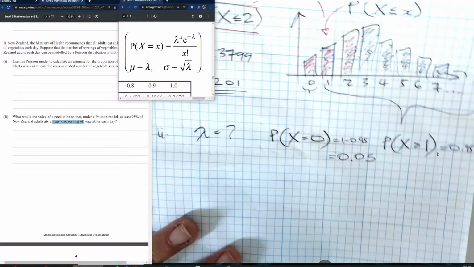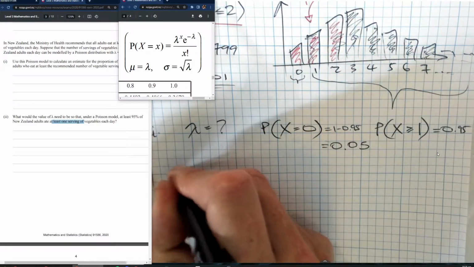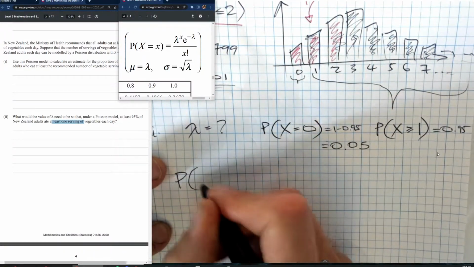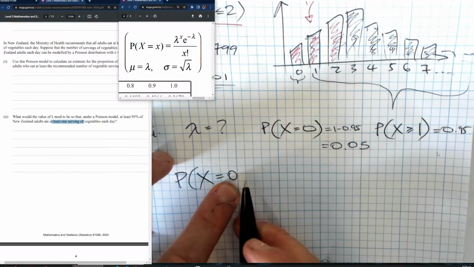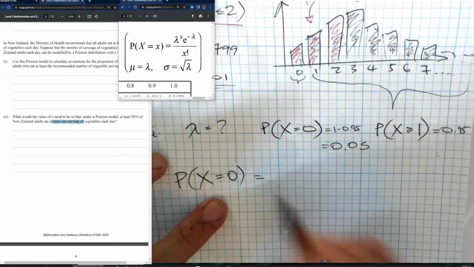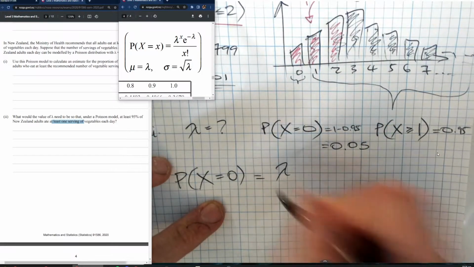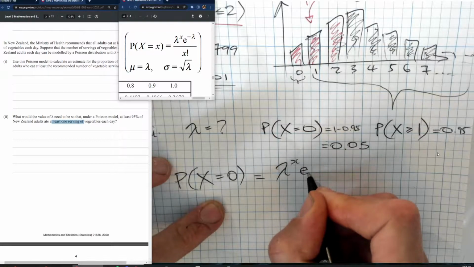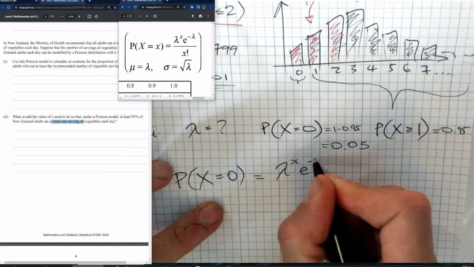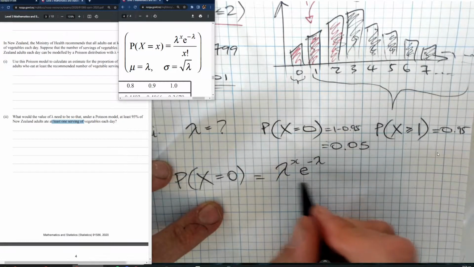Okay, so we know that the probability that x equals 0, so I'm going to do this particular example, is equal to lambda to the power of x multiplied by e, which is just a number, to the power of negative lambda, over x factorial.